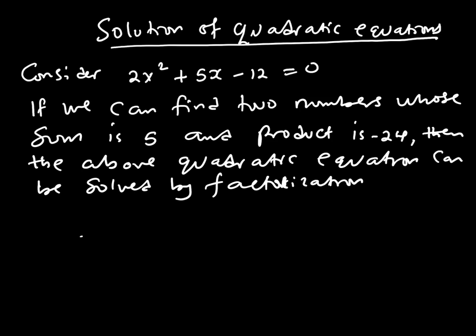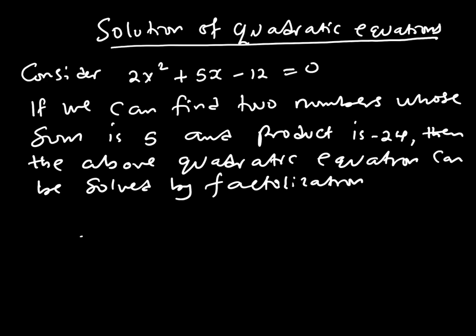So we can solve the above equation by factorization if we can find two numbers whose sum is 5 and the product is negative 24. Okay, so these numbers will come from the factors of 24. But here you can see that a negative 3 and a positive 8 will sum to 5 and multiply to negative 24.